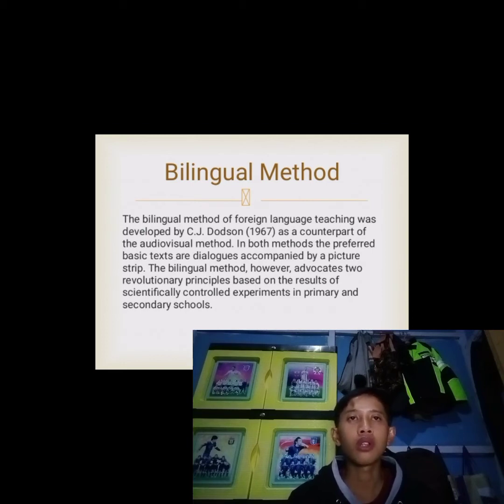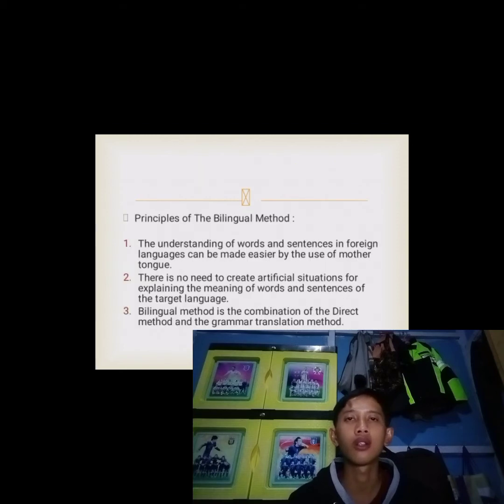The bilingual method, however, advocates two revolutionary principles based on the results of scientifically controlled experiments in primary and secondary schools. The principles of the bilingual method: 1.